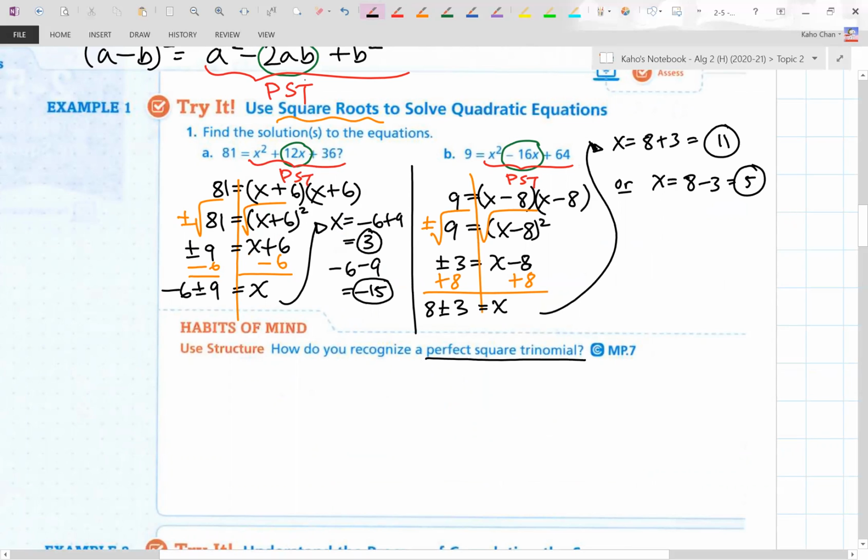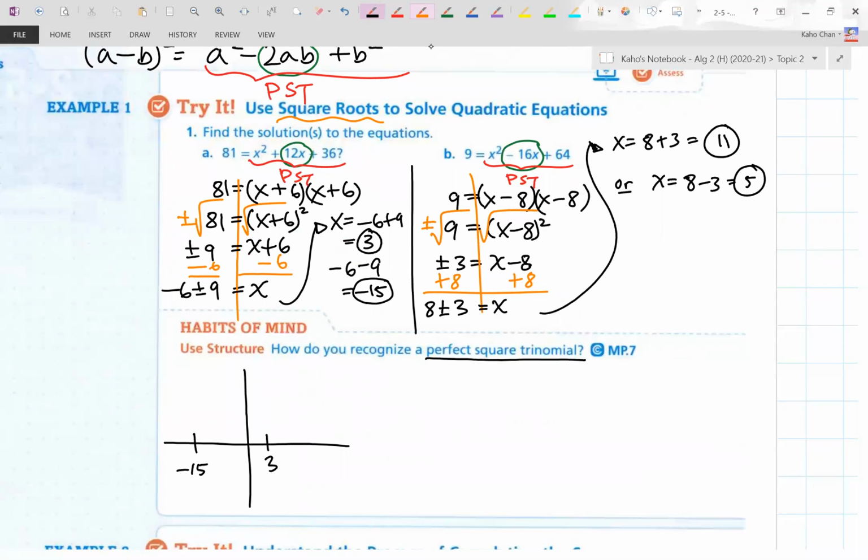So just like the previous section, graphing it, I just want to show you this relationship here. Graphing that parabola for 1a, I just wanted to show you at 3 and negative 15, the parabola will cross somehow. Oh, that's not the greatest parabola.